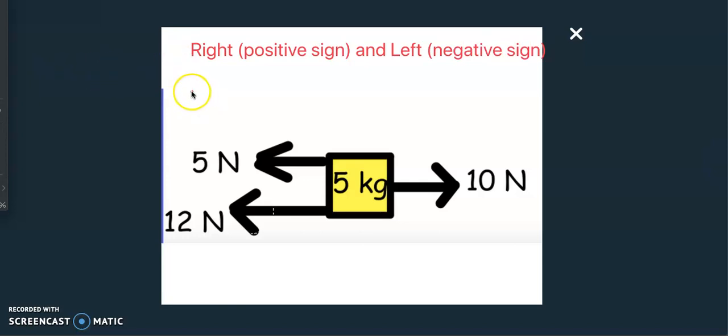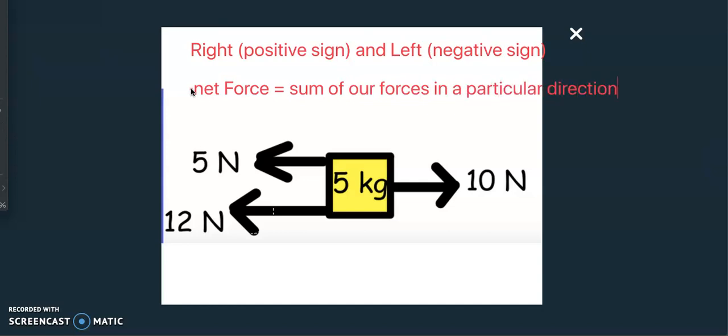So if we were to add our forces, our net force equals the sum of our forces in a particular direction. So if we're looking horizontally, we have 3 forces acting on this box.